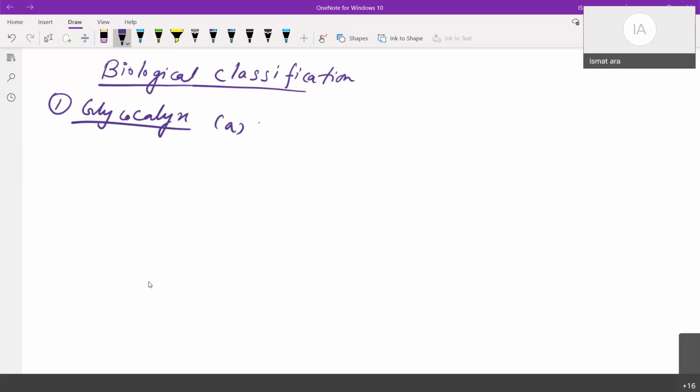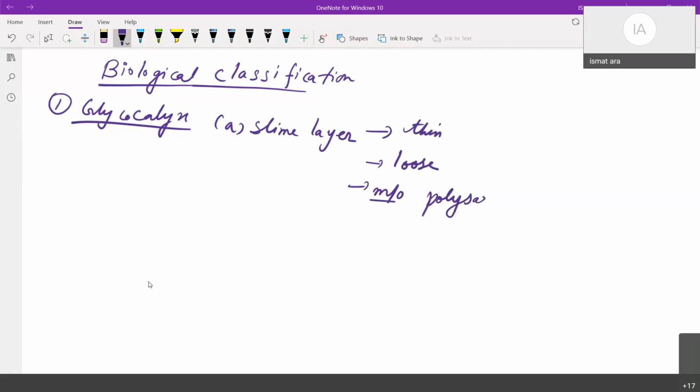One is called slime layer. The glycocalyx which is thin and loose, and made up of polysaccharide, is called slime layer. And the second one is capsule.